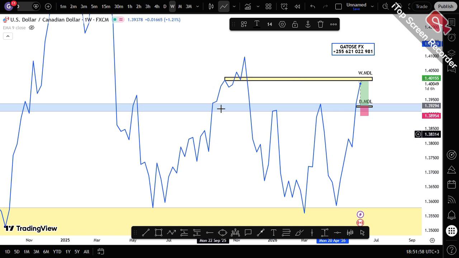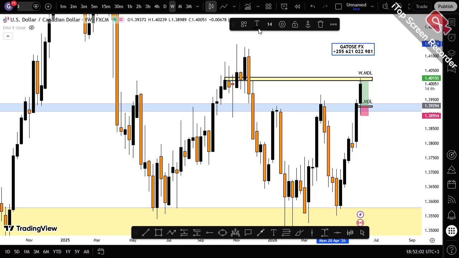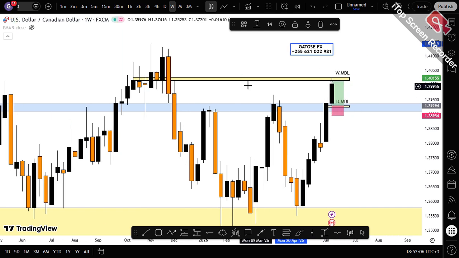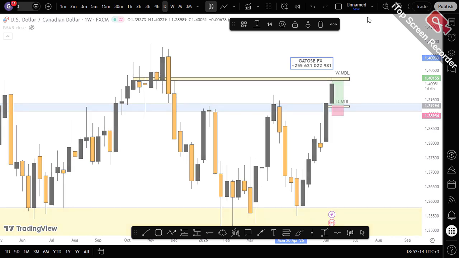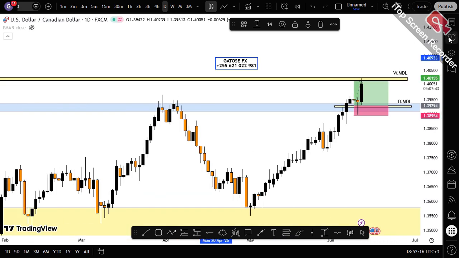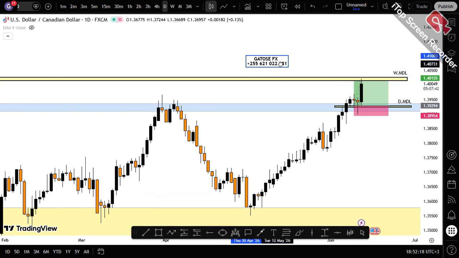As you see here, this is a very open MDL from the weekly time frame. Price is respecting it. I really hope this zone will be broken and the price will continue to buy, but I respect my trading plan and get out of the market where I anticipated. It is what it is, and this is the toast. That's right.